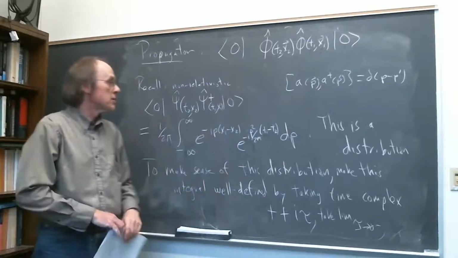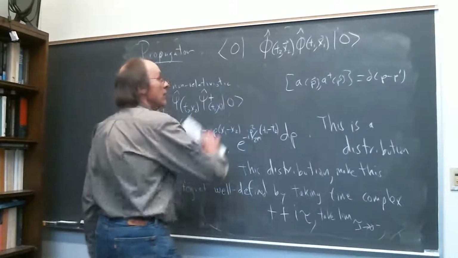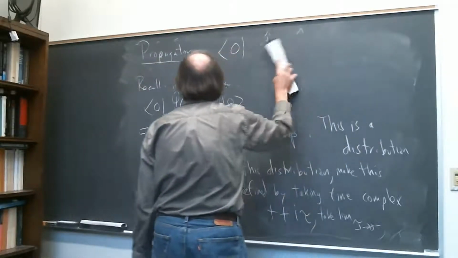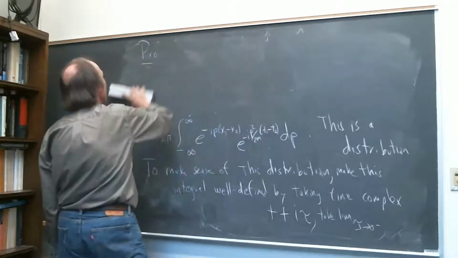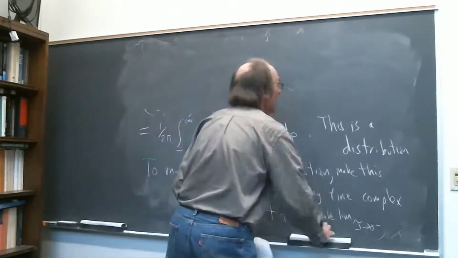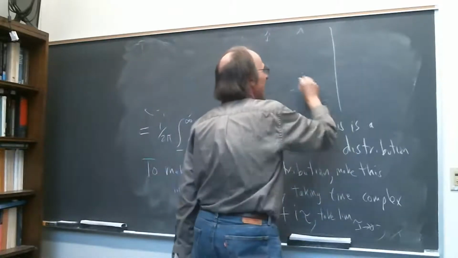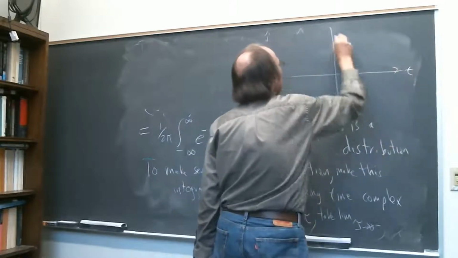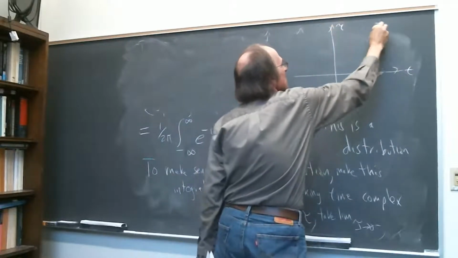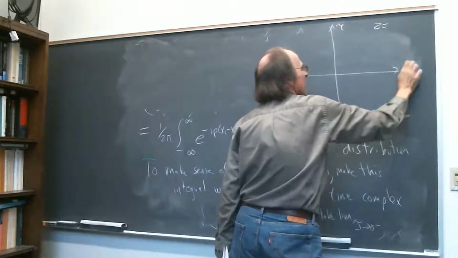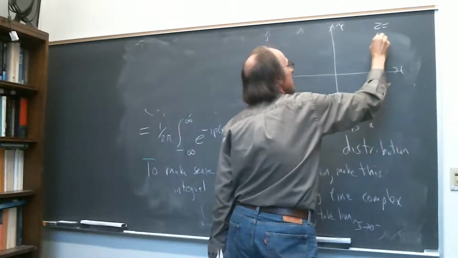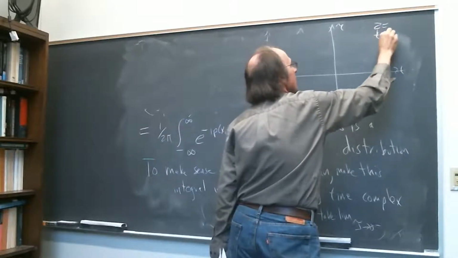So let me maybe draw something in the t and tau plane. So z is t plus I tau.